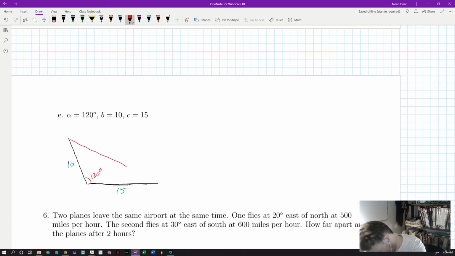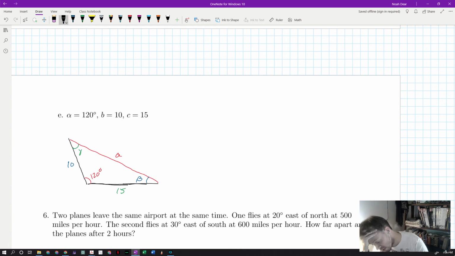So A is across from, from 120 degrees. Gamma is across from side length C equals 15. And beta is in the bottom right, is across from side length B equals 10.